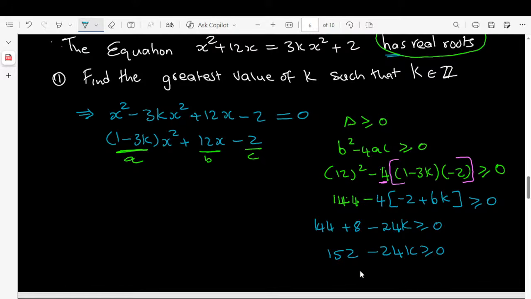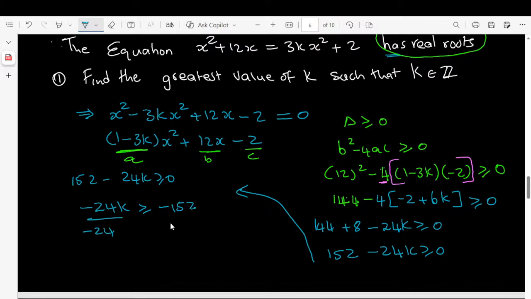Look at this. I'm just going to move this here, and I'll say 152 minus 24k is greater than or equal to 0. I'll be left with 24k less than or equal to 152. Now I need to divide everything by negative 24.